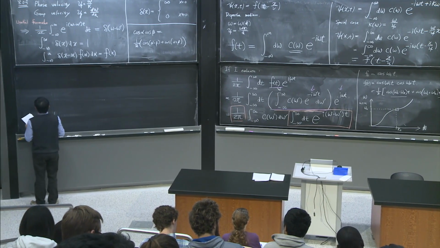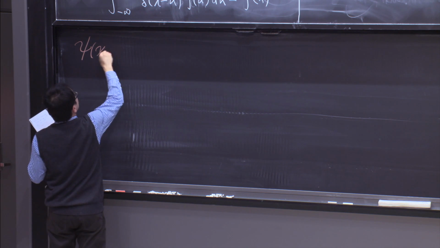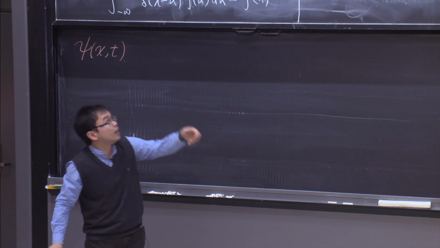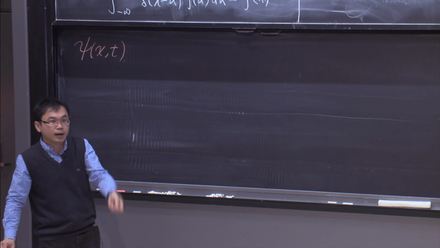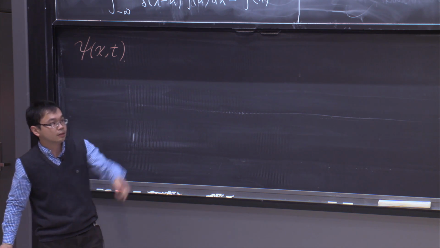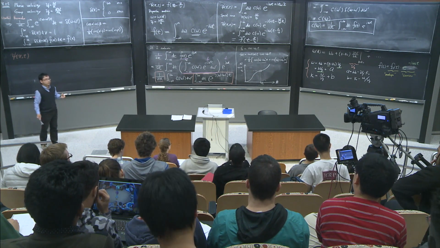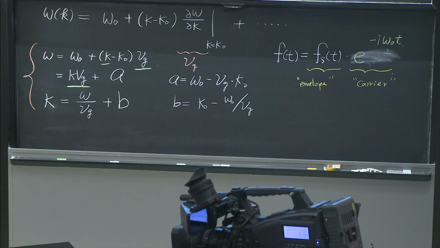What we are trying to do is to show that psi(x,t), now I isolate the medium, the string, by this f of t, which I designed there. f(t) is actually fs times exponential of i omega 0 t. That's actually designed there.